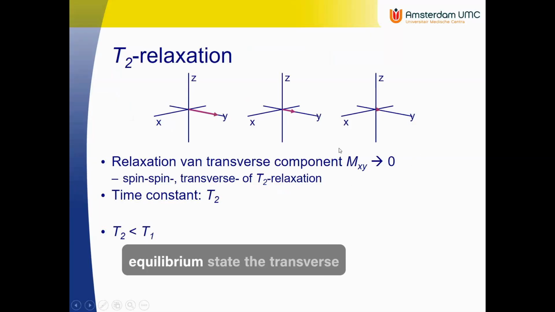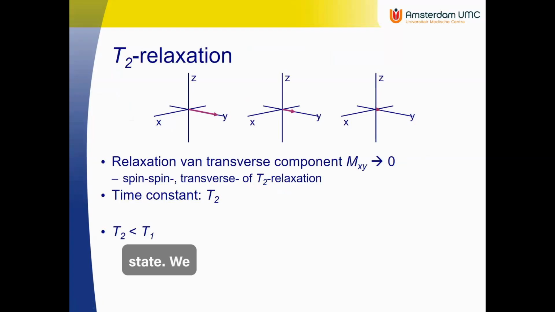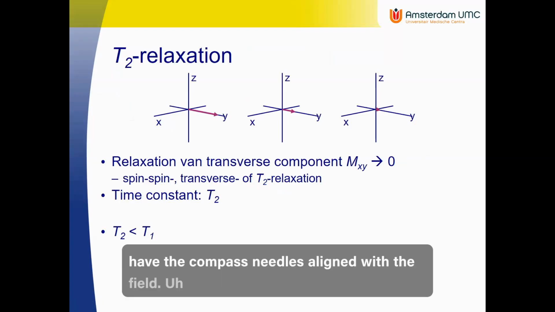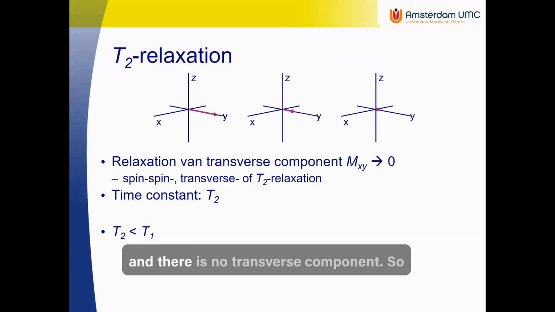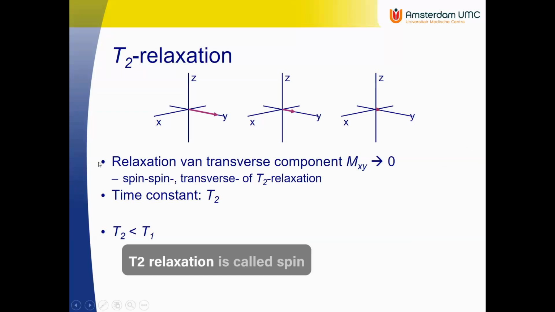In the equilibrium state, the transverse component is 0, because we have the compass needles aligned with the field, and there is no transverse component. T2 relaxation is called spin-spin relaxation or transverse relaxation.